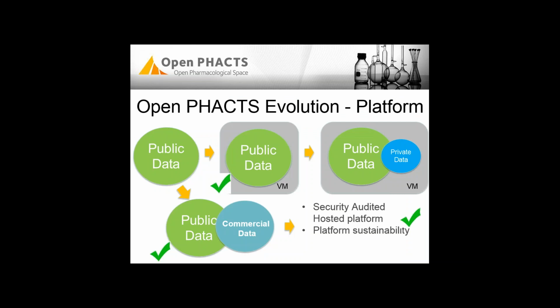One thing that was done early on was also the ability to merge in commercial data. So we've done some pilots with a range of commercial data providers such as GVK Bio and Thomson Reuters that allow you to merge in not just the public data but available commercial data that fits the data model of Open PHACTS.